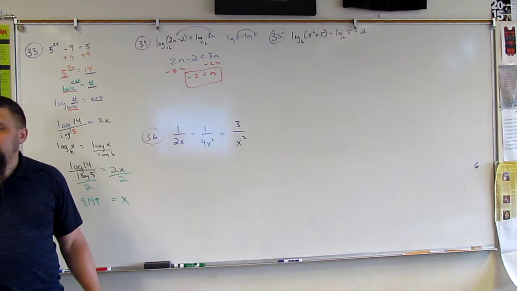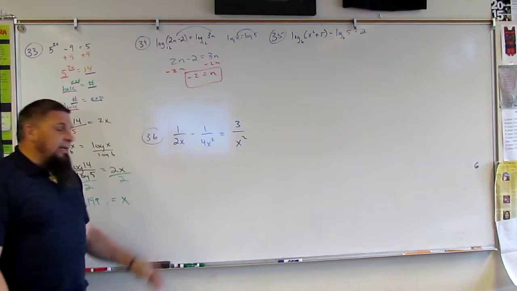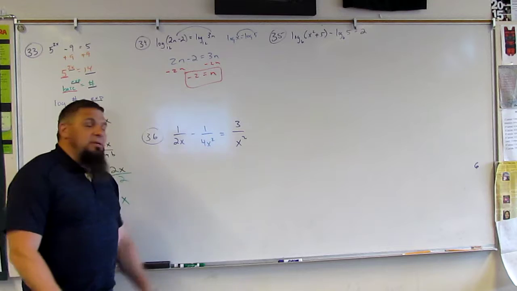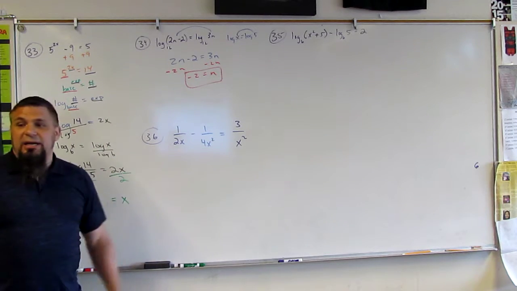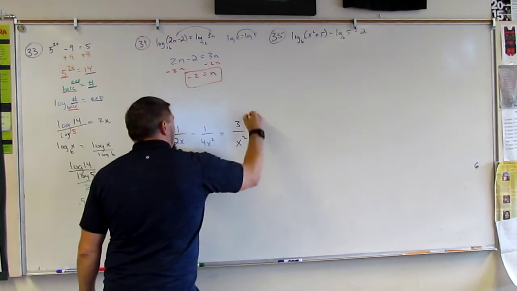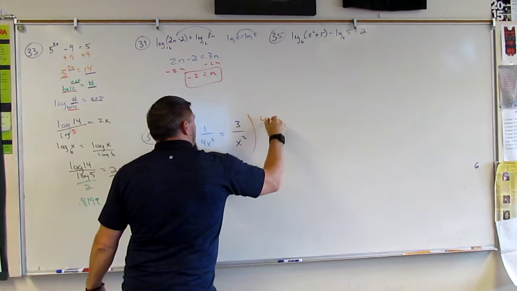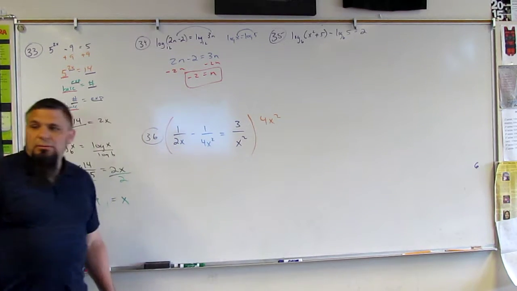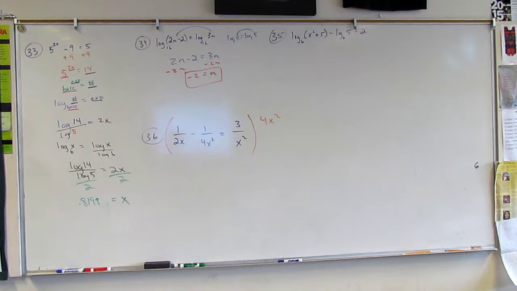But the 4 will get rid of the 4 and the 2, and the x squared will get rid of the x squared and the x. So multiply everything by 4x squared. This was the LCM, the lowest common denominator.